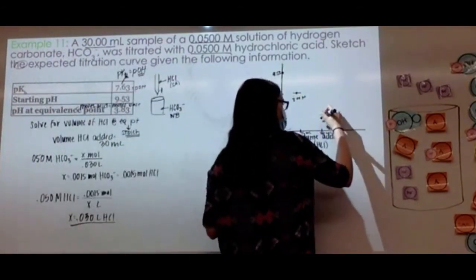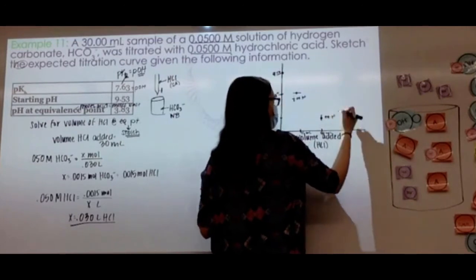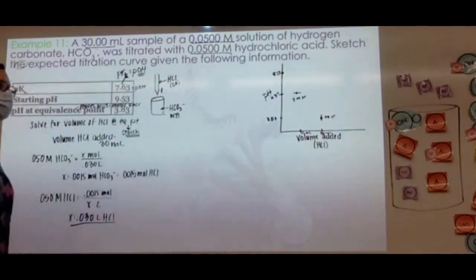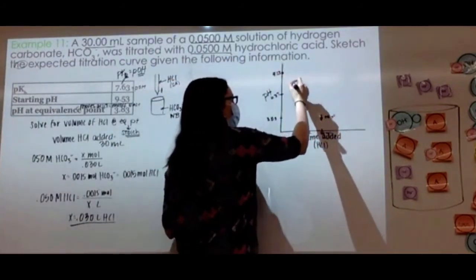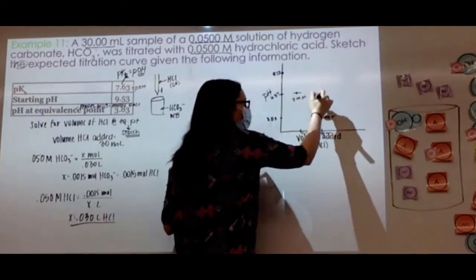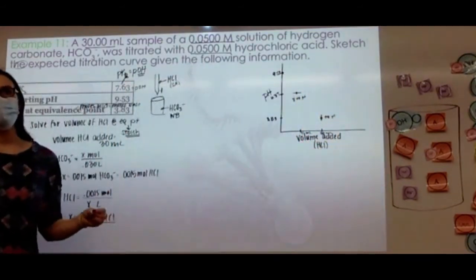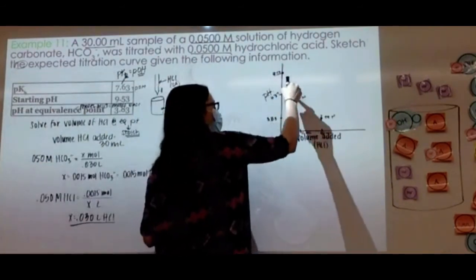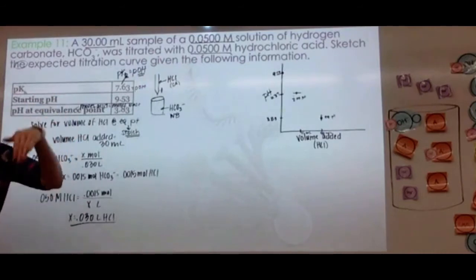For the equivalence point, put a vertical line through that. Because that reminds you when you're drawing the curve to flatten through the half equivalence point and go straight down through the equivalence point. Because right away when people see these three points, they're like, oh, it's a straight line. But titration curves have that S shape.